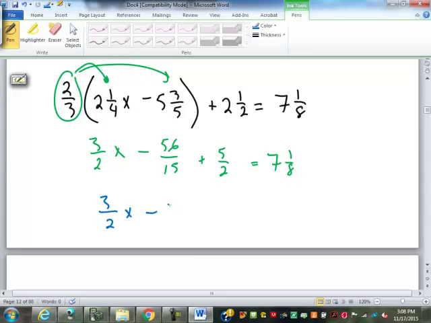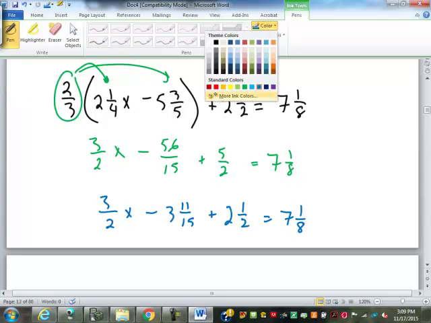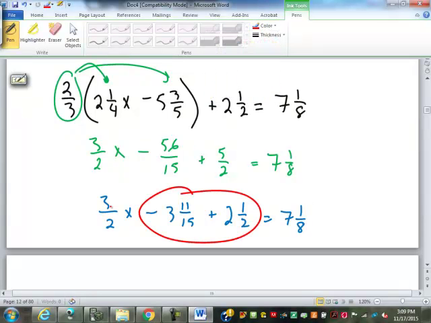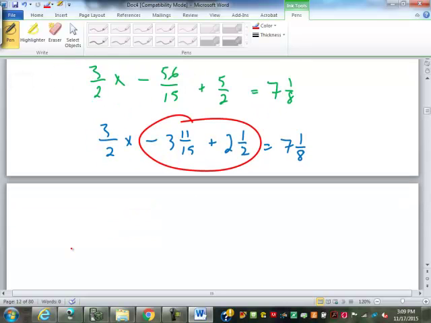Negative 56 over 15 is a negative 3 and 11/15. And I have to combine those. The negative 3 and 11/15 and the positive 2.5, which is going to give us negative what? 1 and 7/30. Does that look right?